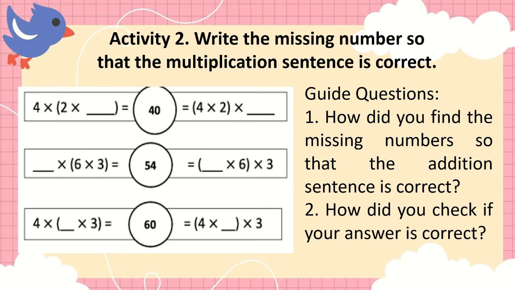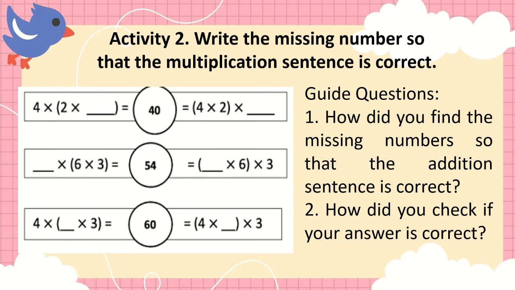Next, blank times (6 times 3) equals 54, is equal to (blank times 6) times 3. And for the third, 4 times (blank times 3) equals 60, is equal to (4 times blank) times 3.